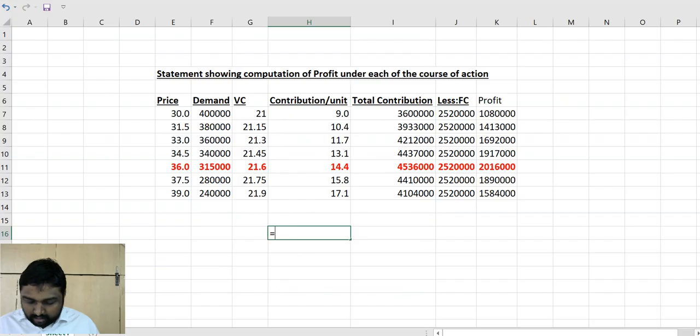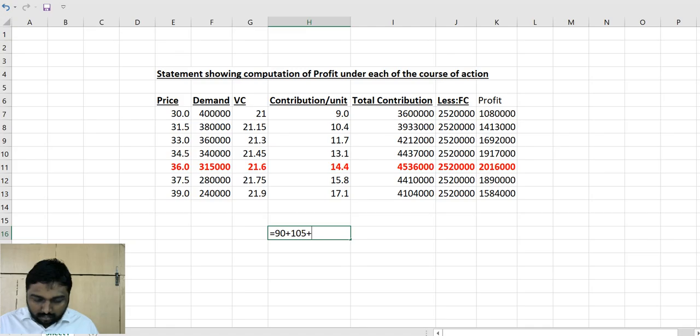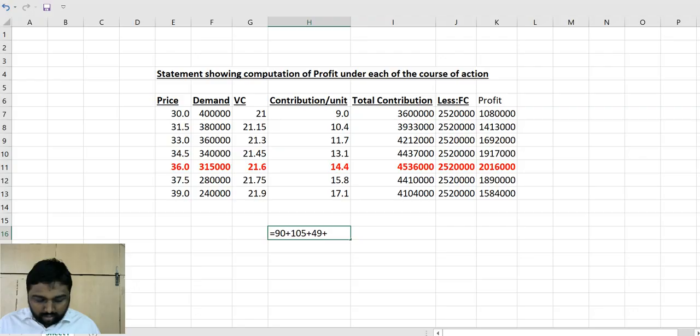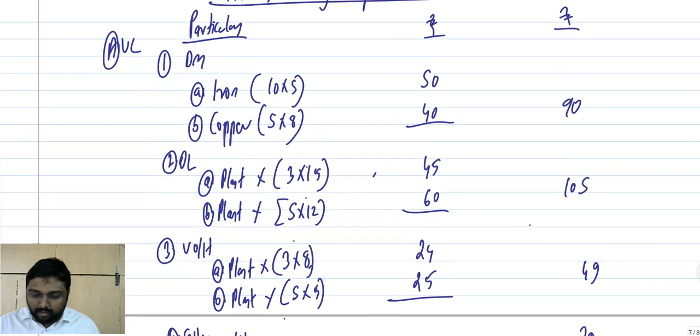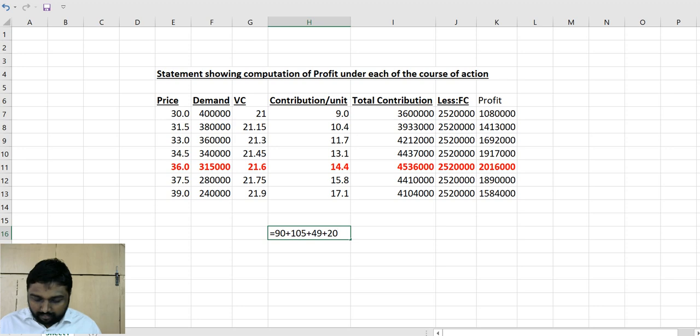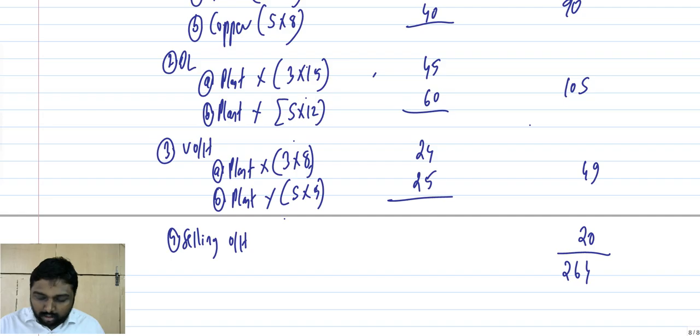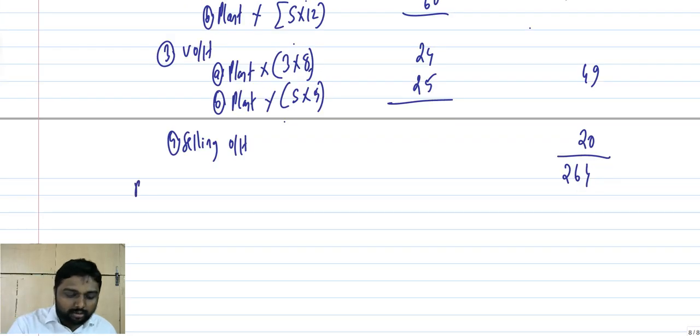The answer will be 90 plus 105 plus 49 plus 20. 90, 105, 49, 20, 264. Total variable cost is 264.